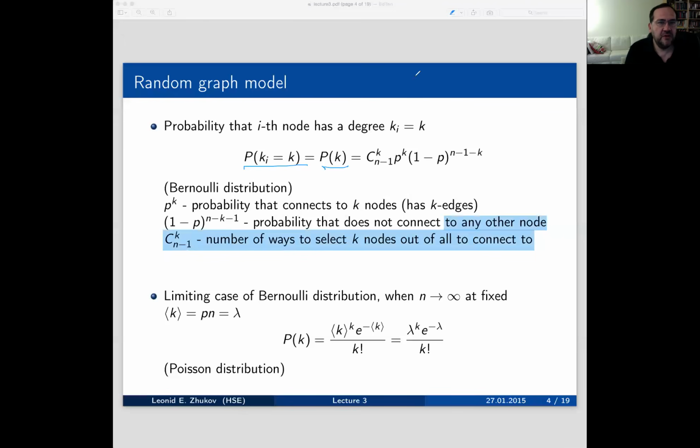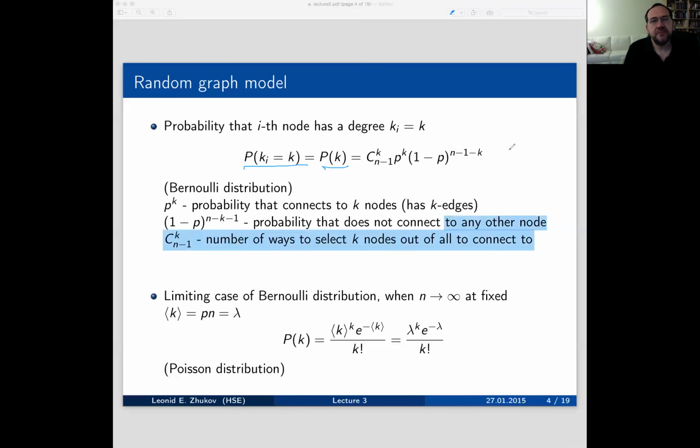The idea is the following. This is really Bernoulli trials. If you remember, Bernoulli trials is a situation when, for example, you're shooting at a target and there is a probability that you hit the target. You have 10 shots, and the probability to hit the target on a single shot is 1/3. What's the probability that you hit the target 7 times?